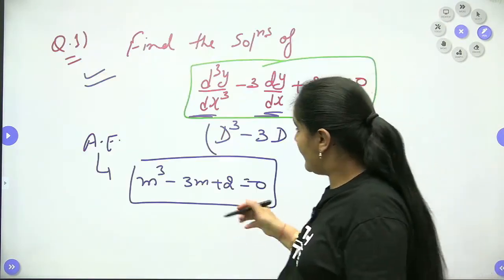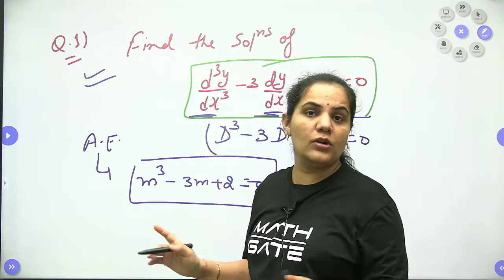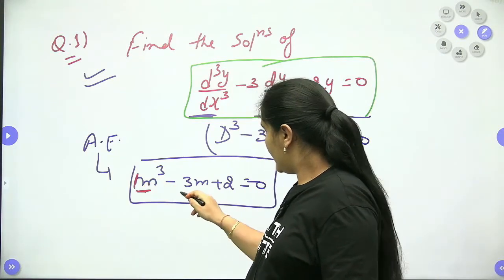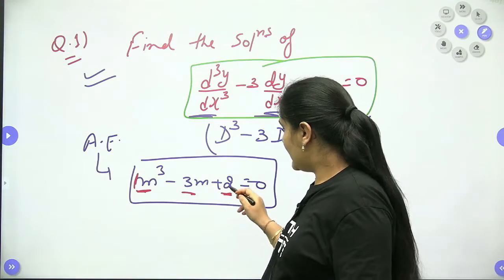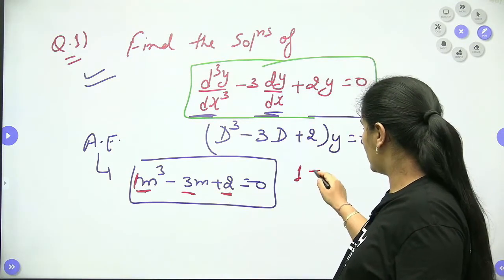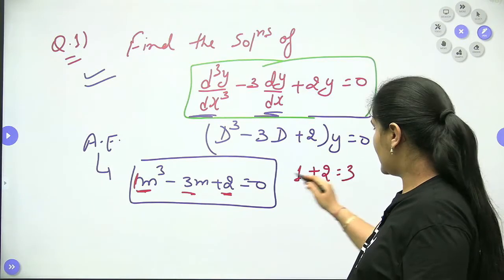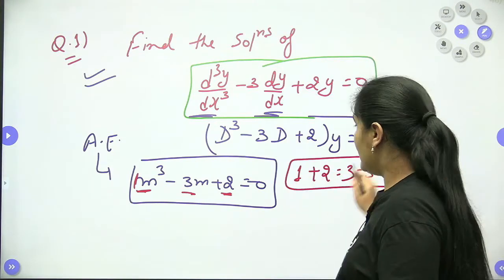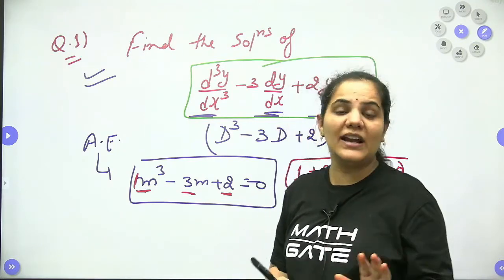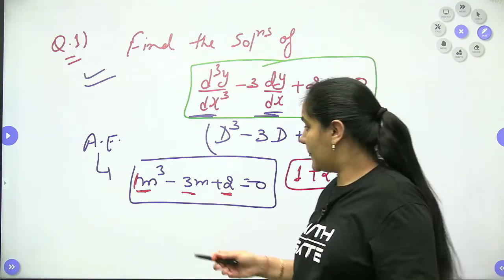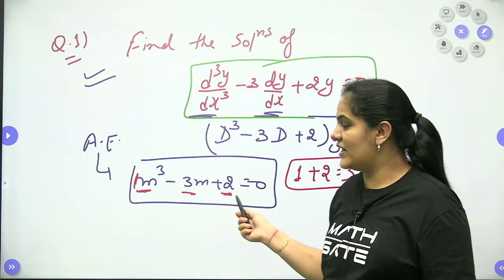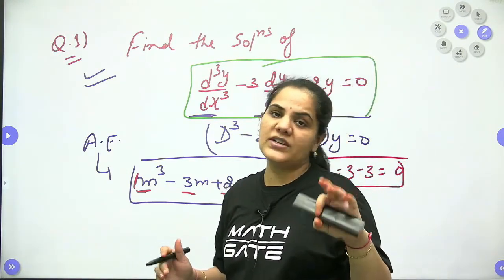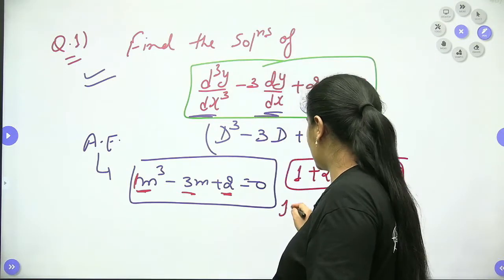Here the coefficients are 1, minus 3, and 2. When you add 2 plus 1, it will be 3, and 3 minus 3 will be 0. Yes, exactly. So the sum of all the coefficients here is 0.